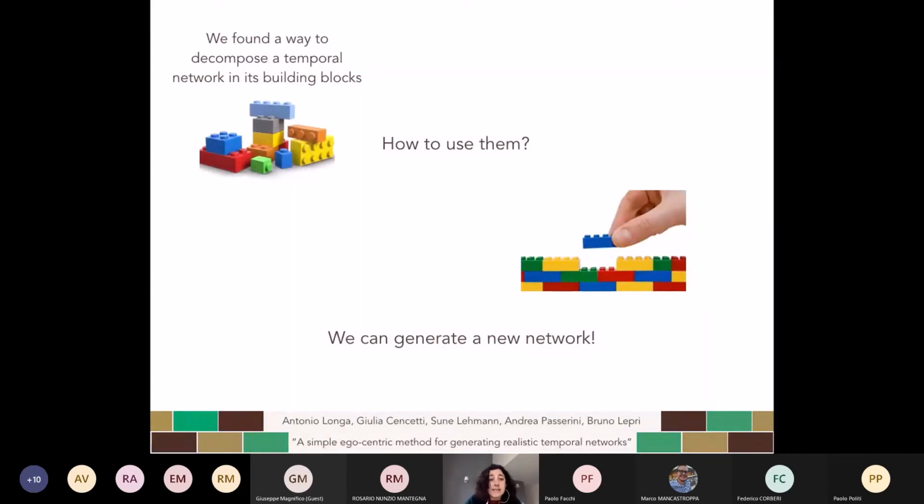And in this case, the new network will be similar to the original one. Then, because if it works, the new network will preserve many of the characteristics of the original graph, and it could hence represent a suitable replacement to it.